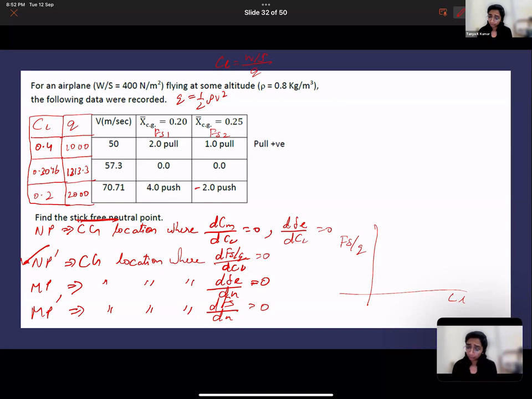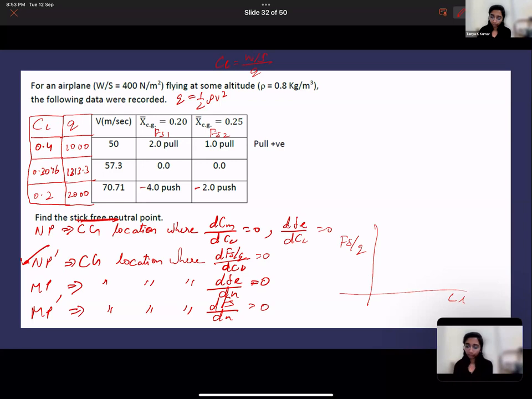Delta S. What is delta S? Okay, no, that is Fs. Okay, all of this is Fs. This 2 pull, 2, 1 pull, and all of that. No. This is Fs. Okay.